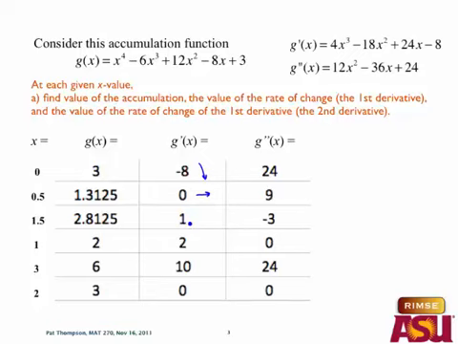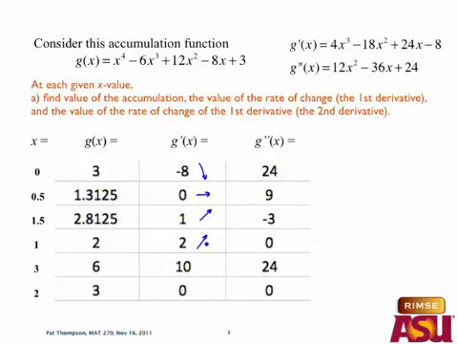What about 1? What does that mean for the accumulation? Increasing, positive. And for every change in x, the change in y is the same as the change in x, 1 times the change in x. And then at 2, the rate of change is positive, so the function is increasing. The output is increasing twice as fast as the input.